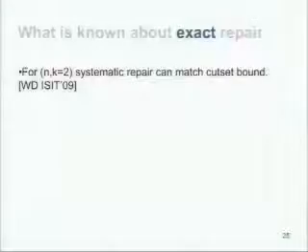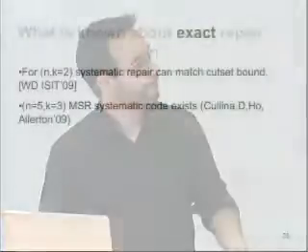Starting with Yunan Hu, when I was an intern here, we had a paper that said if k is equal to 2, so you separate the original file into 2 pieces, then systematic repair, or exact repair, it's the same thing, can match the cut set bound. So we had constructions, linear codes, that achieved the cut set bound for this case.